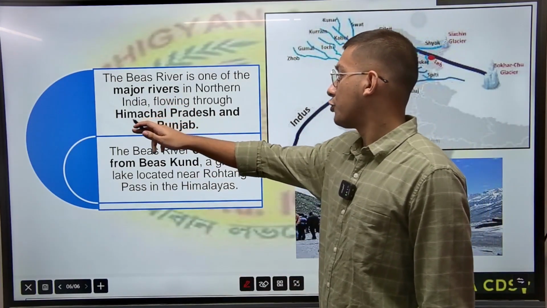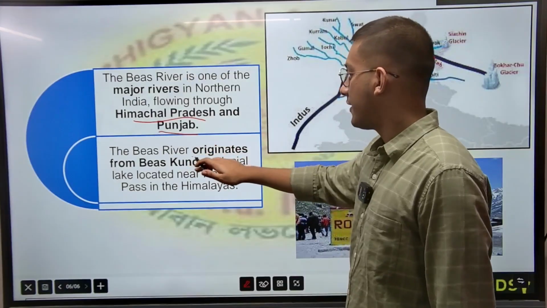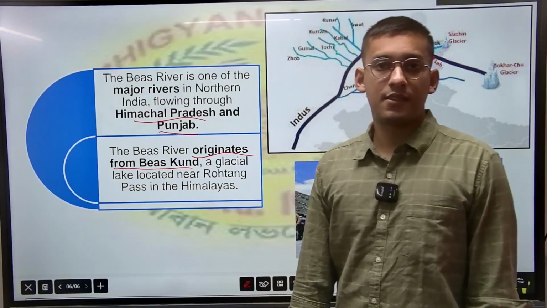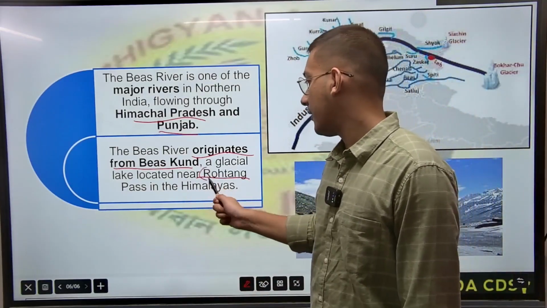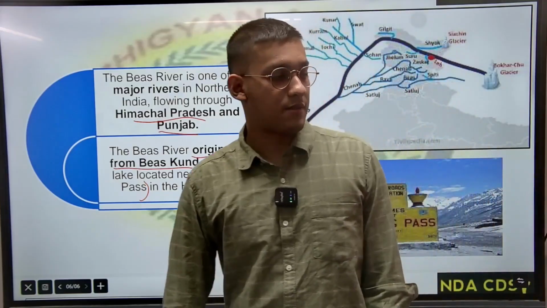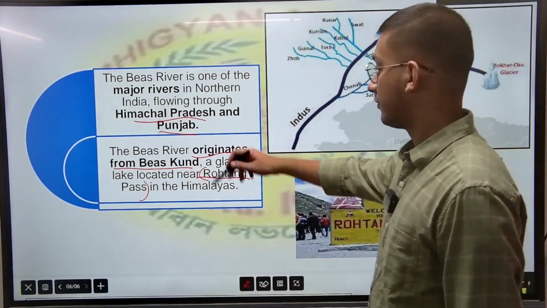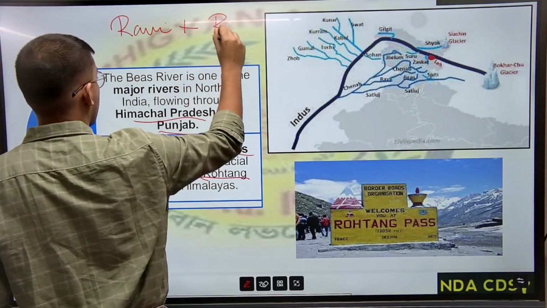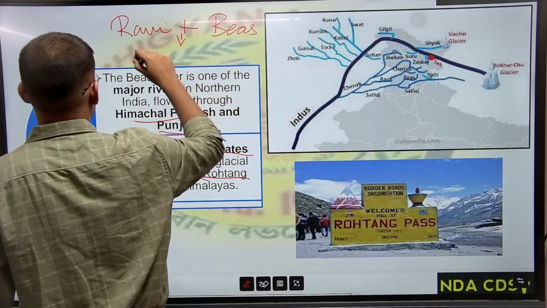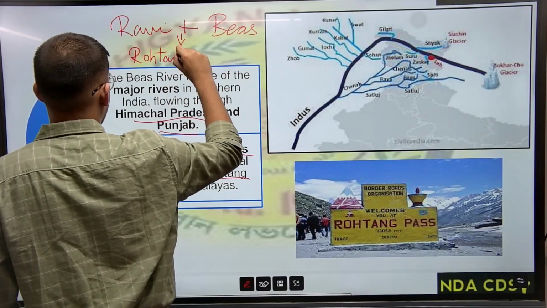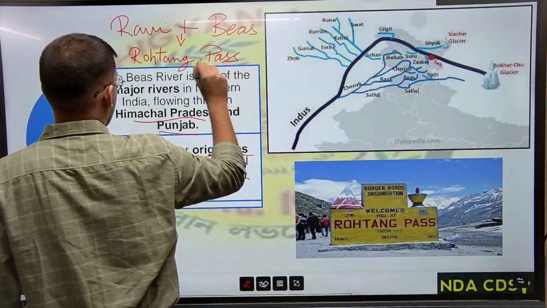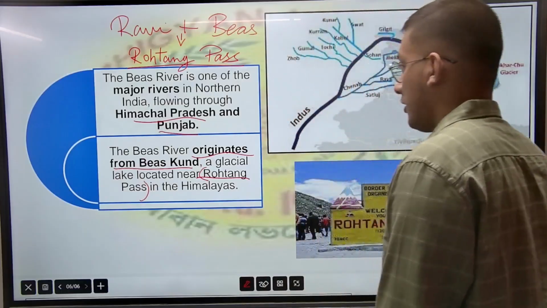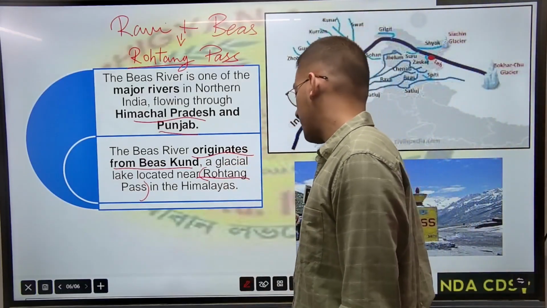Bias flows through Himachal and Punjab and it starts from Bias Kund, which is near Rohtang Pass. Again, Ravi and Bias both start near Rohtang Pass. You've got to remember this. So it originates from Bias Kund near Rohtang Pass.